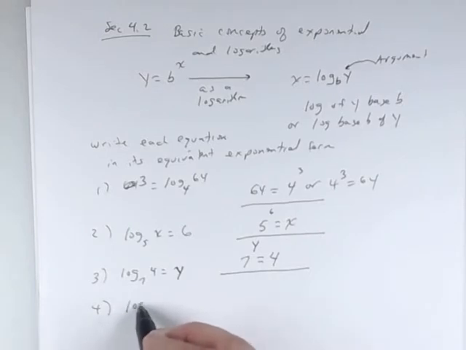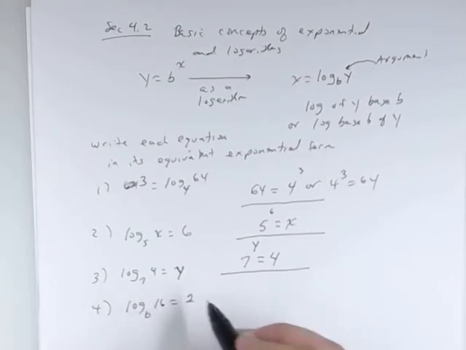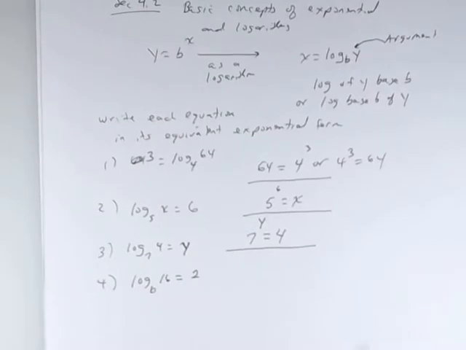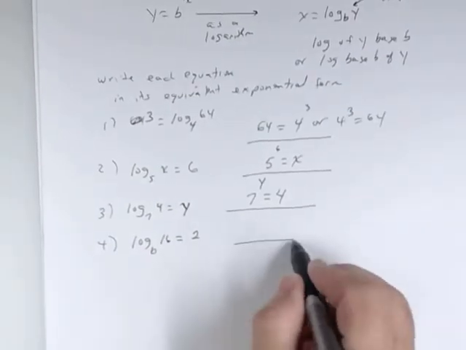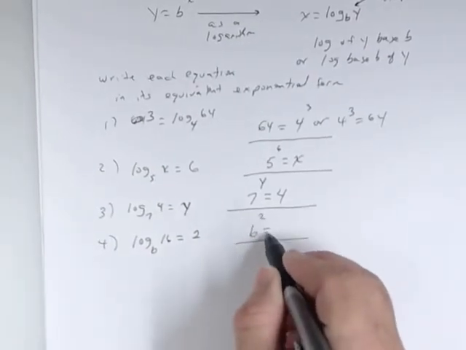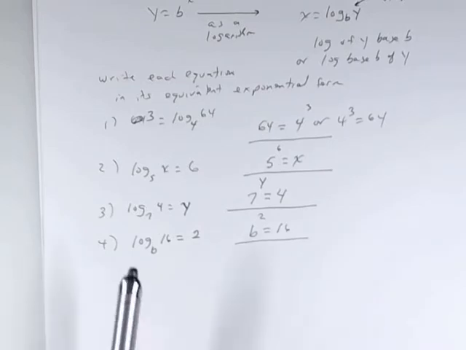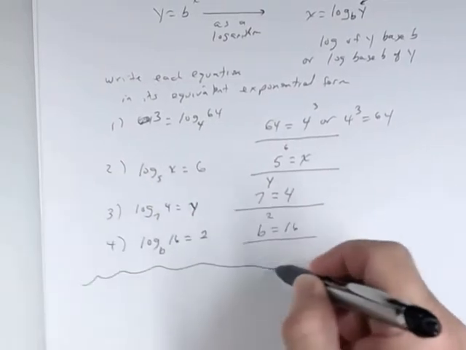You have the log base b of 16 equals 2. All right. So that's just going from logarithm to exponential. All right. So that's all you're doing. Use the definition.